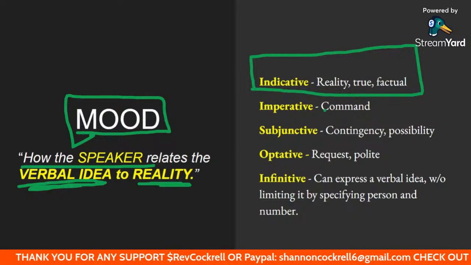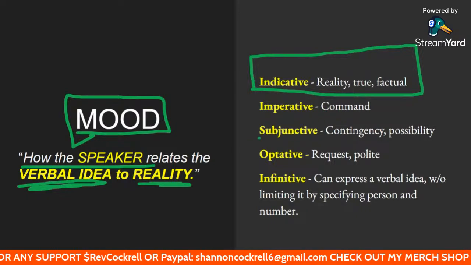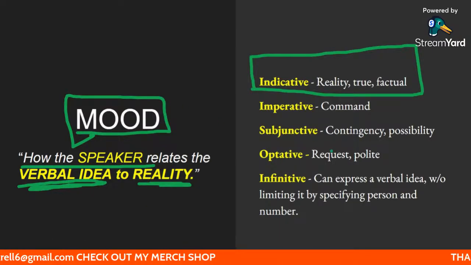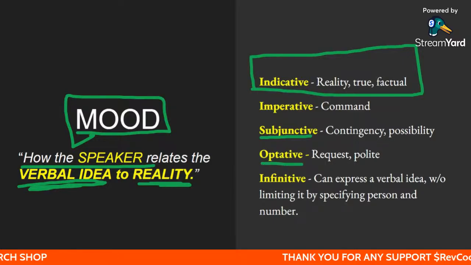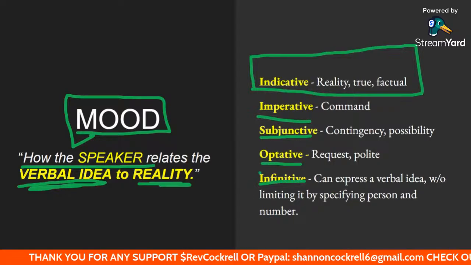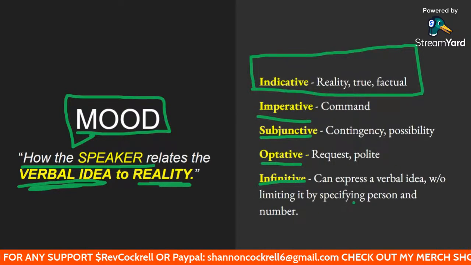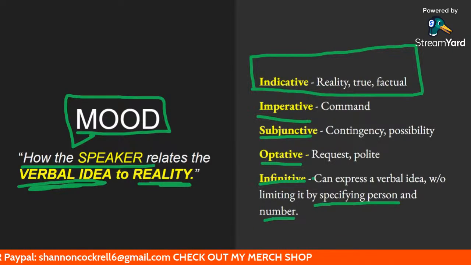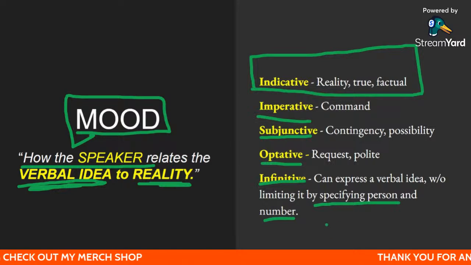Imperative is a command. Subjunctive is contingency or possibility. Optative is a polite request or a prayer. And then the infinitive expresses a verbal idea without specifying person or number, so you'll see 'to pray' or something like that.